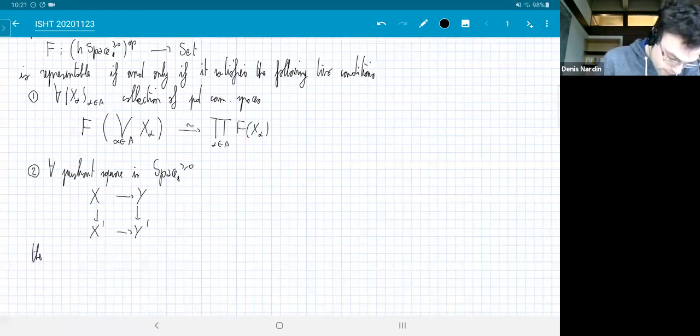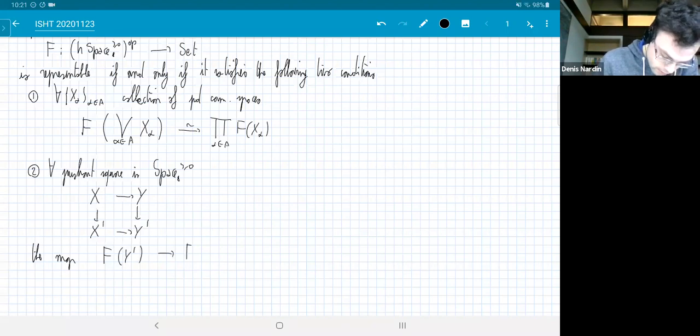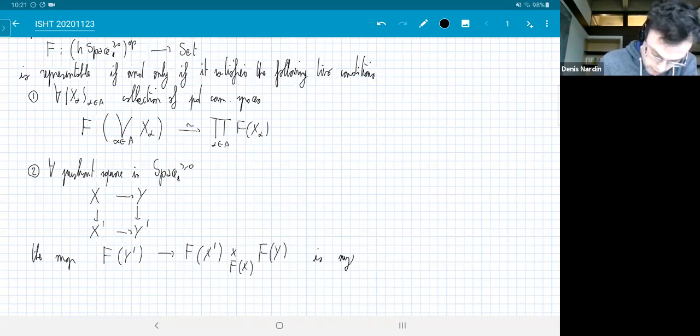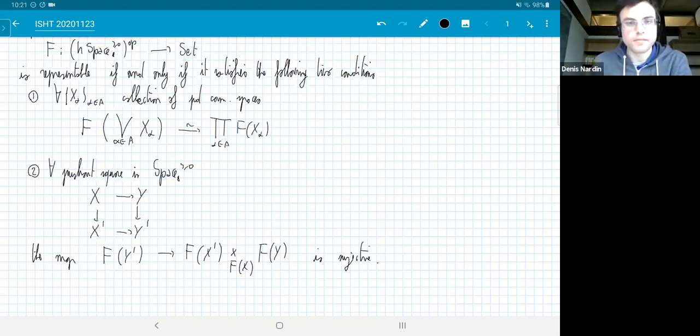The map from F of Y prime to F of X prime times F of X, F of Y is surjective. Okay, these are two conditions.